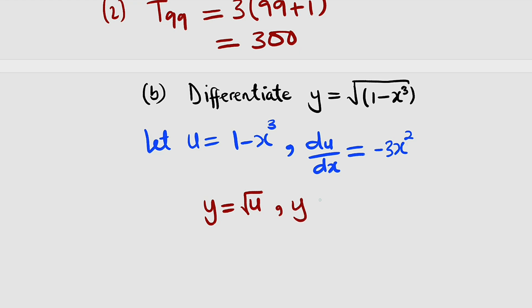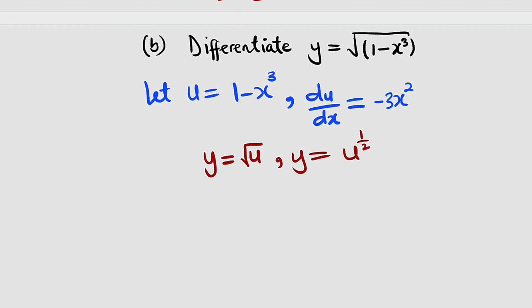And this can be written as y equal to u raised to the power of 1 over 2, right? It's the same thing. So from here, we can differentiate y with respect to u. dy over du is equal to 1 over 2. We'll drop down to multiply u, and the power of 1 over 2 will subtract 1. We have negative 1 over 2.